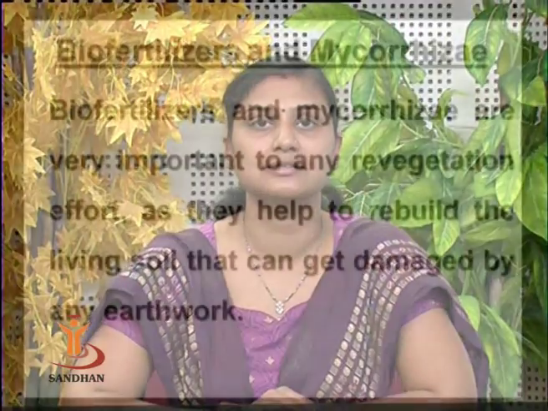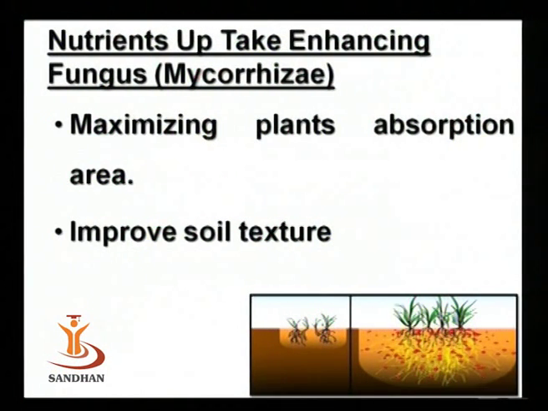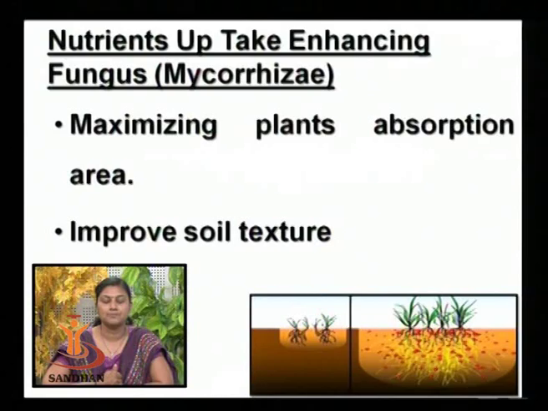Now we are coming to the discussion again. What is the particular mode of action? They maximize the plant absorption area and improve the soil texture. What exactly is the meaning of plant absorption area? It means the plant takes nutrients from the roots only.